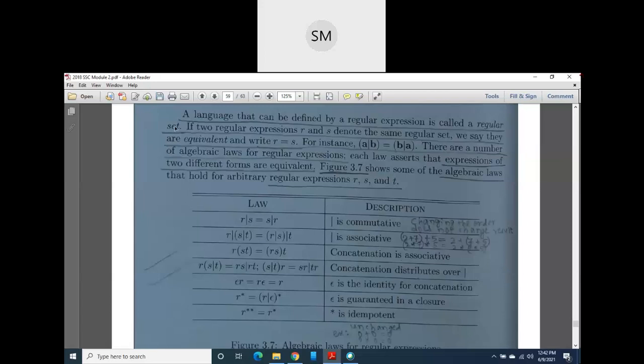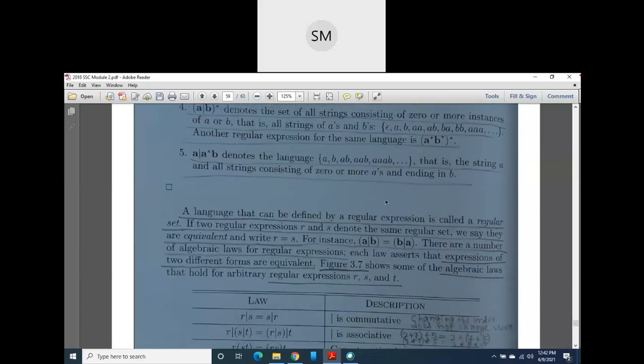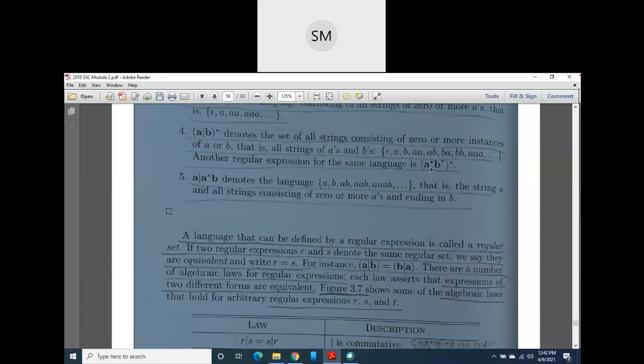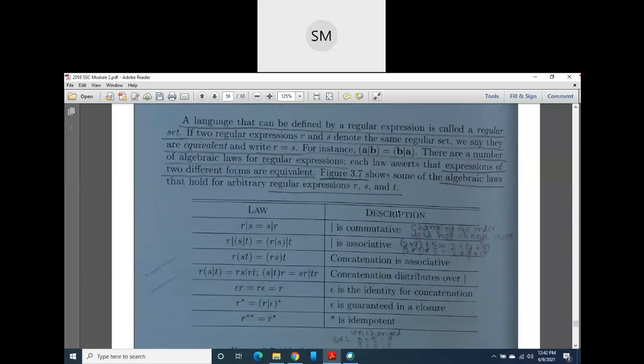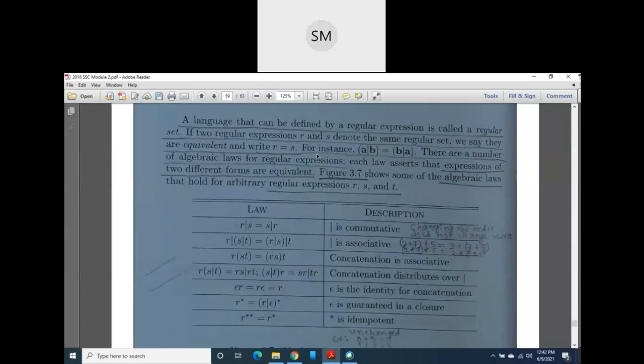So don't get confused. If two regular expressions like R and S denote the same regular set or same language, like this one, see here, two regular expressions are both representing the same language, then we can say that they are equivalent, okay?